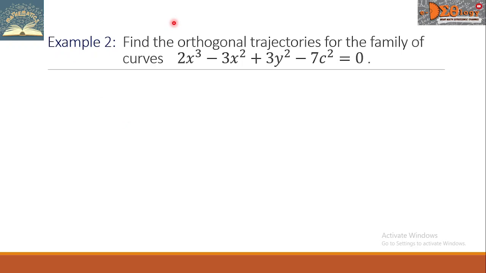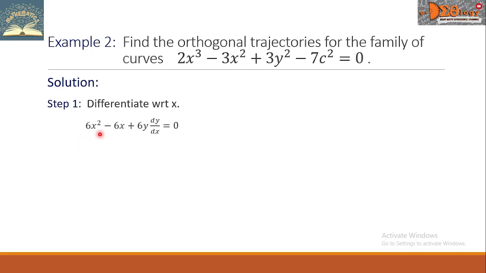Example 2. Find the orthogonal trajectories for the family of curves 2x cubed minus 3x squared plus 3y squared minus 7c squared equals 0. Step 1. Differentiate with respect to x. We have now 6x squared minus 6x plus 6y times dy over dx equals 0.